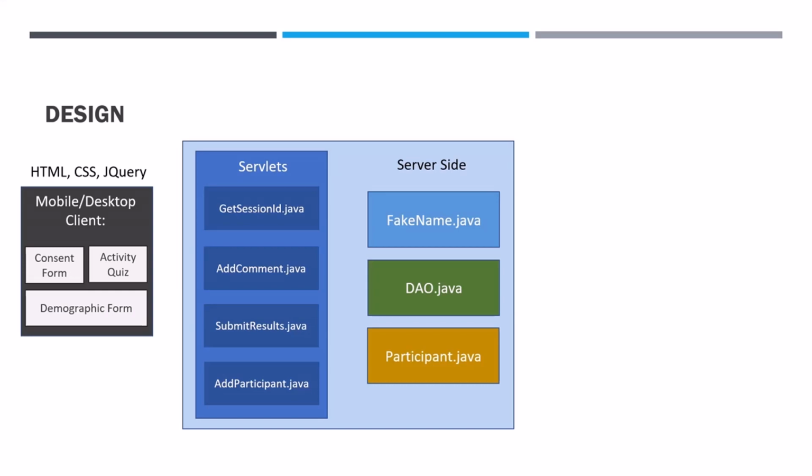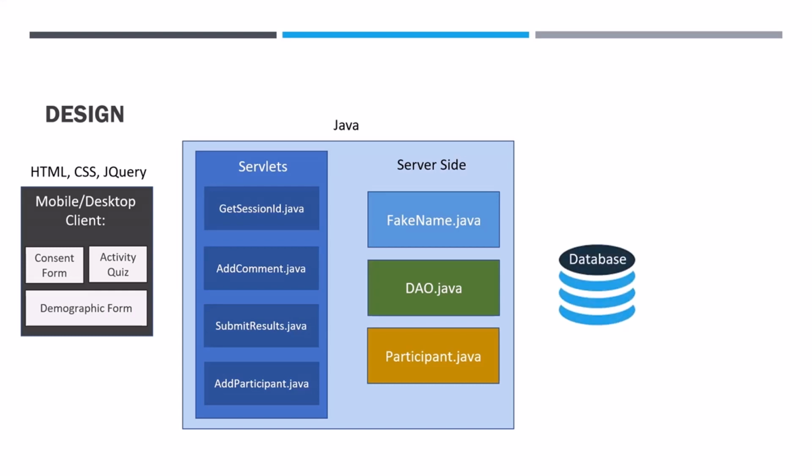The servlets are used as controllers between the data accessor object, which connects the server to the database, and also allows separate Java classes such as the participant class to store information about the participant in its own object, which is all coded in Java.